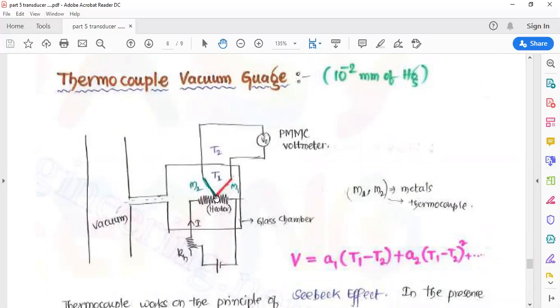The basic working principle of thermocouple is if two different metals are connected at different temperatures, then a voltage will be developed, which can be measured with the help of PMMC, and this change in voltage can be calibrated in terms of measured pressure, and it is used to measure up to 10 raised to power minus 2 mm of Hg, and it is a non-linear device.